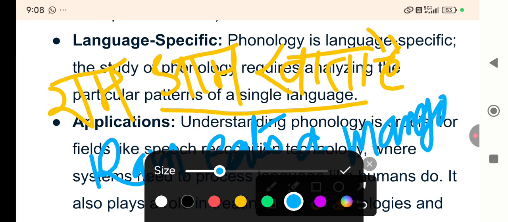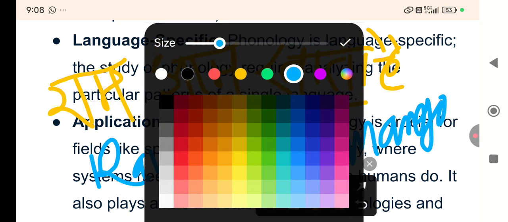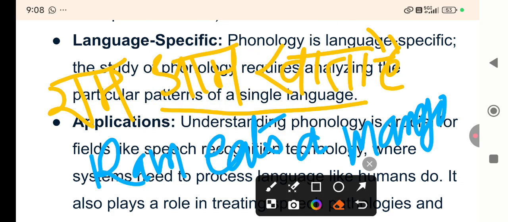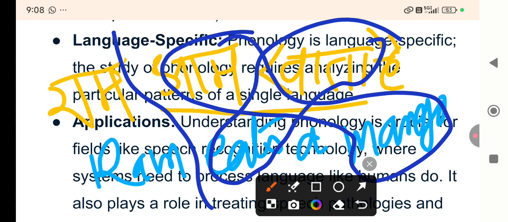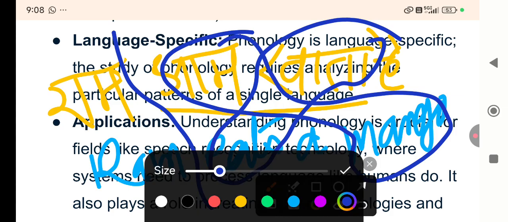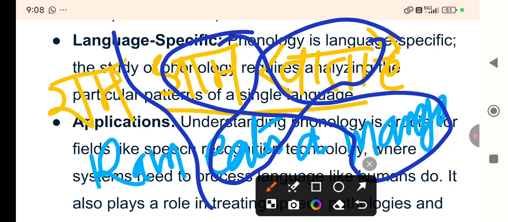So here we'll see that in Ram eats a mango, the subject is fine, that's Ram. But eats, here eats comes before mango, the object, while in Hindi the pattern is different.